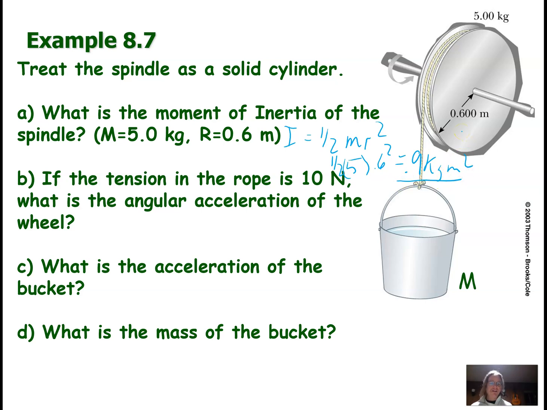All right, how do you find the tension on that rope? Well, for the tension, we don't have to find it. It's right there. The tension is 10. What's the angular acceleration? Well, guys, that's what we're going to use here. Torque equals the moment of inertia times the angular acceleration. Since we know the torque, we're going to solve for the angular acceleration, meaning it's the torque divided by the moment of inertia.